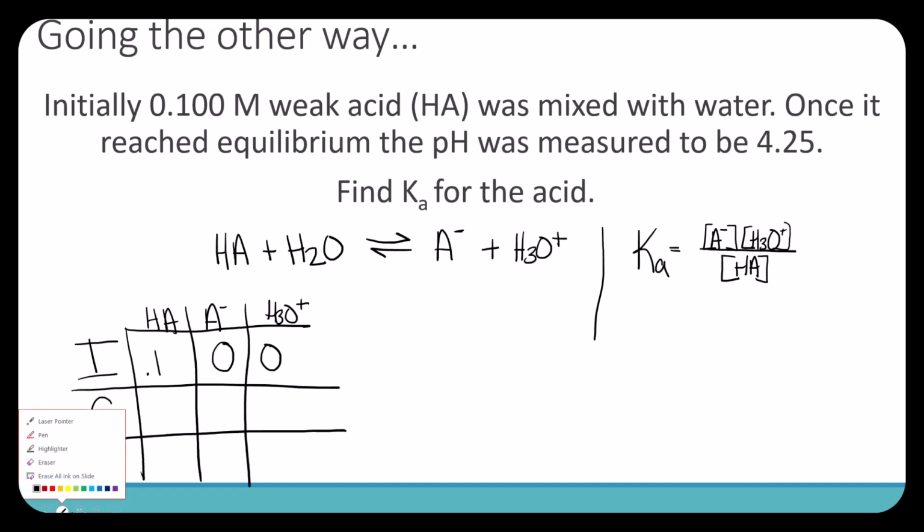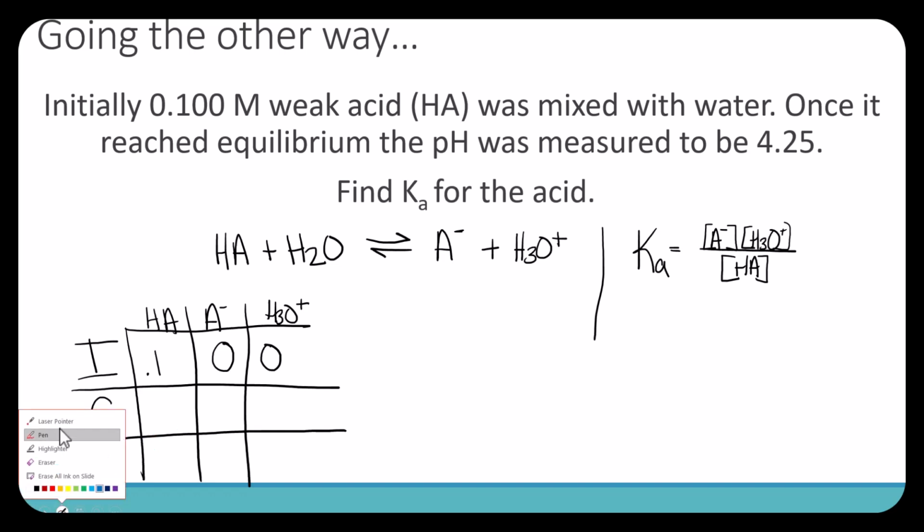All right, so if we are being asked to solve for Ka, that means that we have to put actual numbers into this equation. So I have to have an actual number for the equilibrium concentration of hydronium and for our anion and for our weak acid. So we have to have actual numbers, which means our ICE table is going to be filled in.